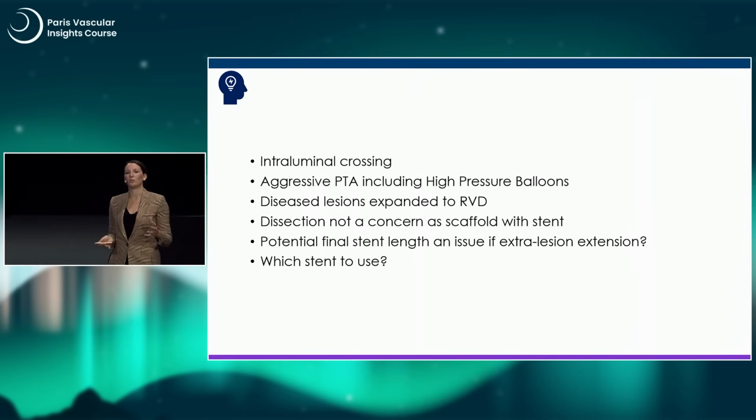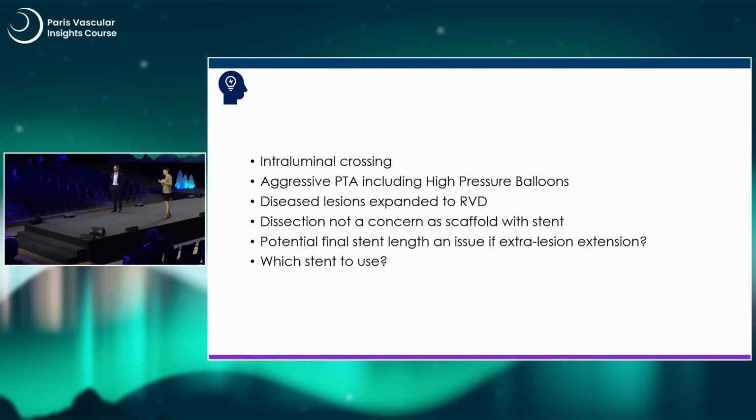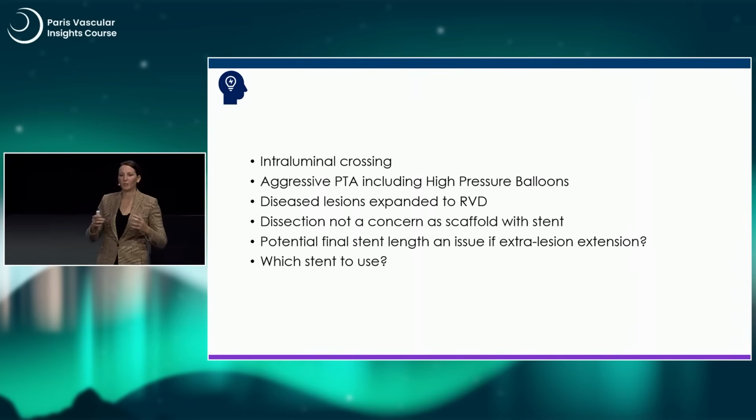Then what she wanted to do was aggressive PTA, and she's really pro high pressure balloons, because the idea is to gain as much lumen as you can. So you want to reach reference vessel diameter to be able to expand your stent properly and to avoid residual stenosis.